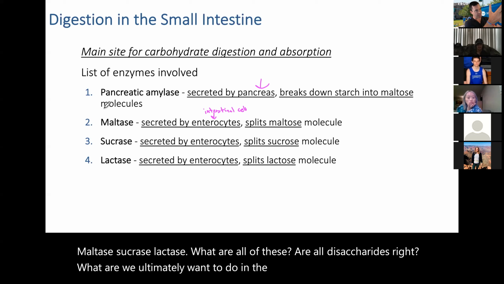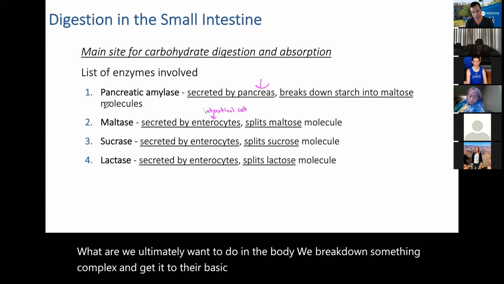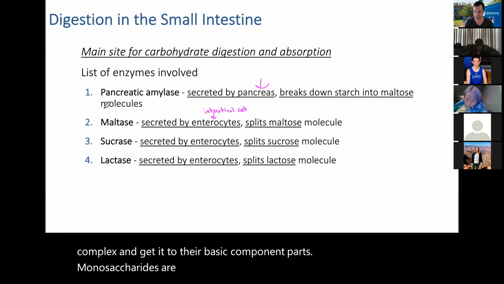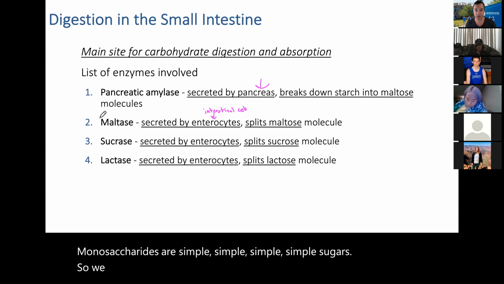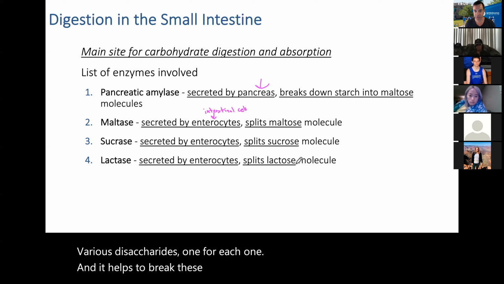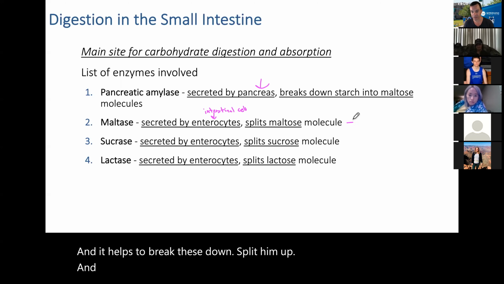We break down something complex and get it to its basic component parts, okay? Monosaccharides are simple sugars. So we have various disaccharides, one enzyme for each one. And it helps to break these down, split them up, and get them into their monosaccharides.